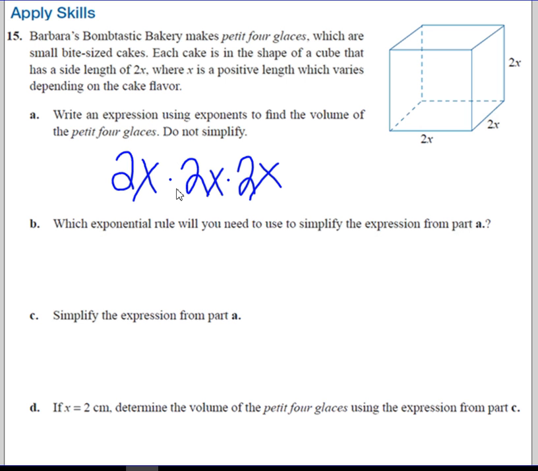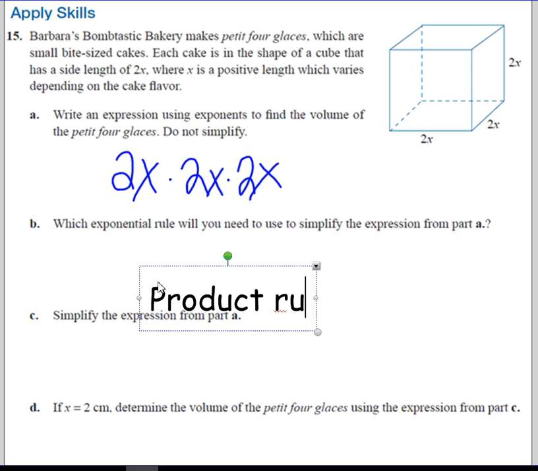Well, we are using the product rule. So 2 times 2 times 2 will give us 8. And then remember, we're adding exponents for x's. We have a single x 3 times. So 1 plus 1 plus 1 will give us x cubed, or to the third power.